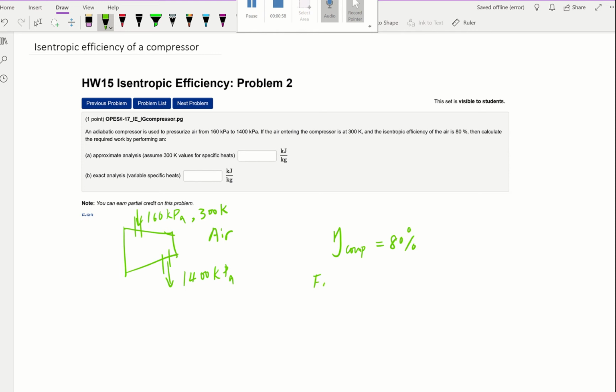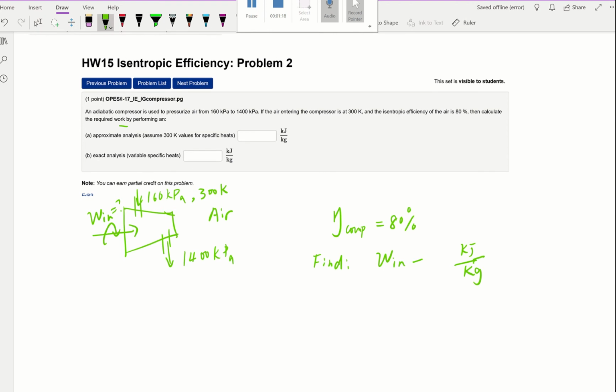Then they want us to find the required work, because a compressor requires work coming in, right? So we need to find this required work in units of kilojoule per kilogram. So basically we do not know the mass flow rate.